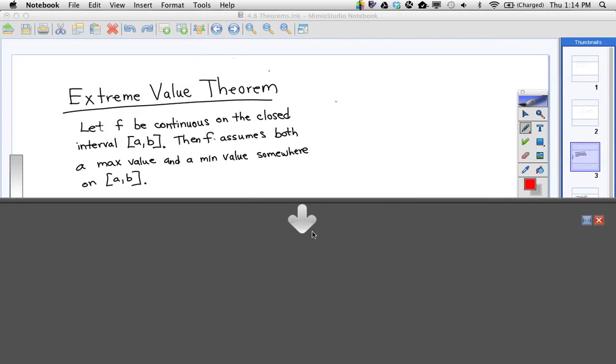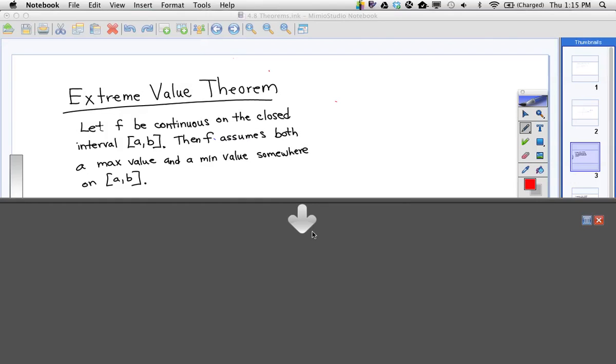This is called an existence theorem. This just guarantees that if certain conditions exist, then something will happen. So if the function's continuous on a closed interval, then there will be both a high spot and a low spot. In more ordinary everyday language, but we should say max value, min value.